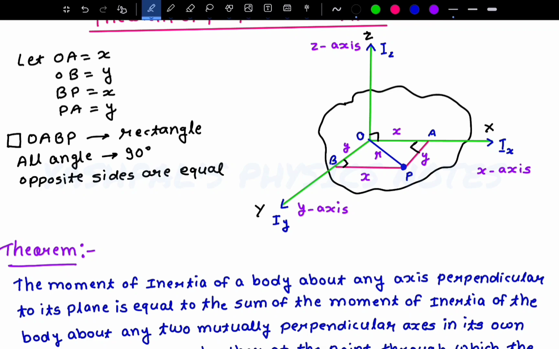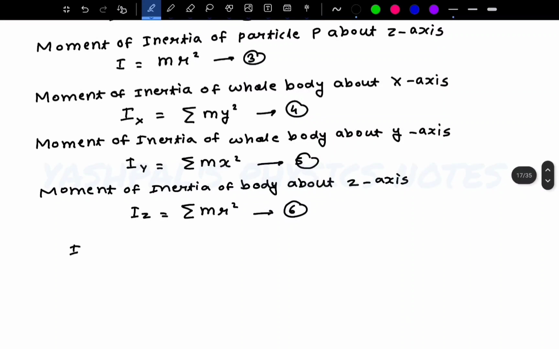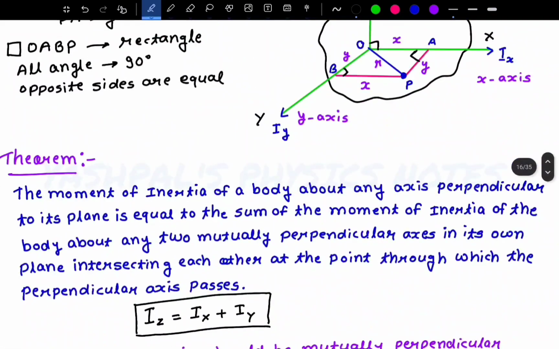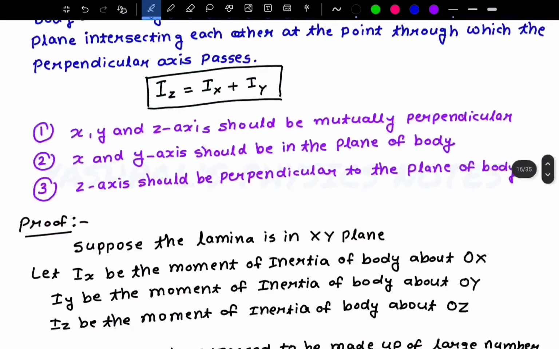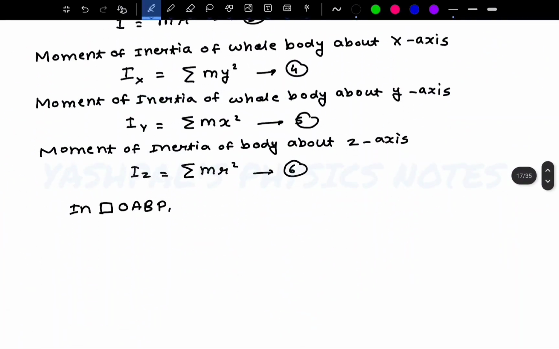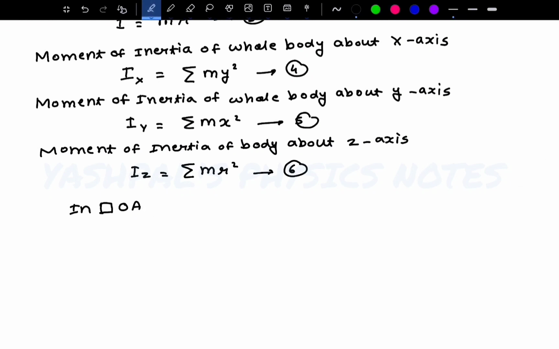So here I am writing, in quadrilateral OAPB, angle A is 90 degrees.